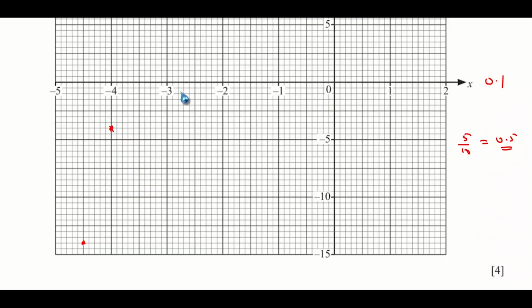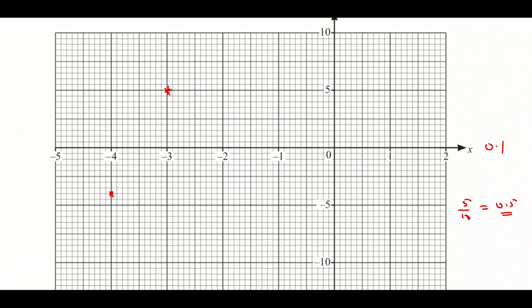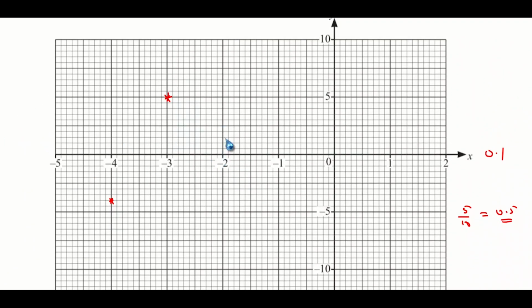The next one, when x equals -3, y is equal to +5. So it will be up here, this spot here. And when x equals -2, y is equal to +4. So we need to go up 8 lines, which is equivalent to +4, so -2 against 4.